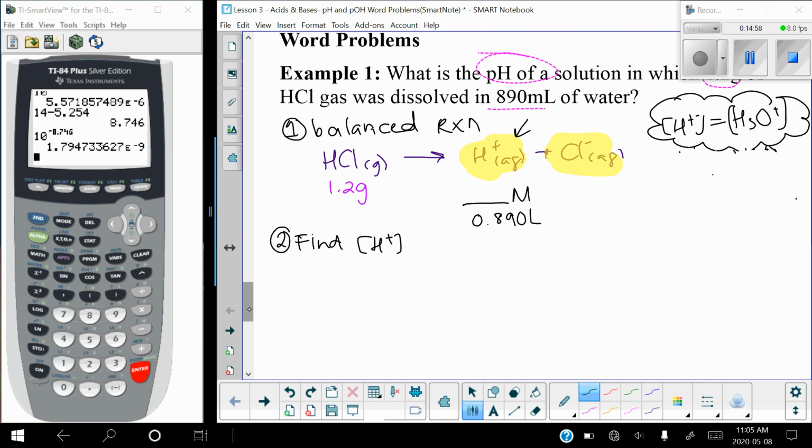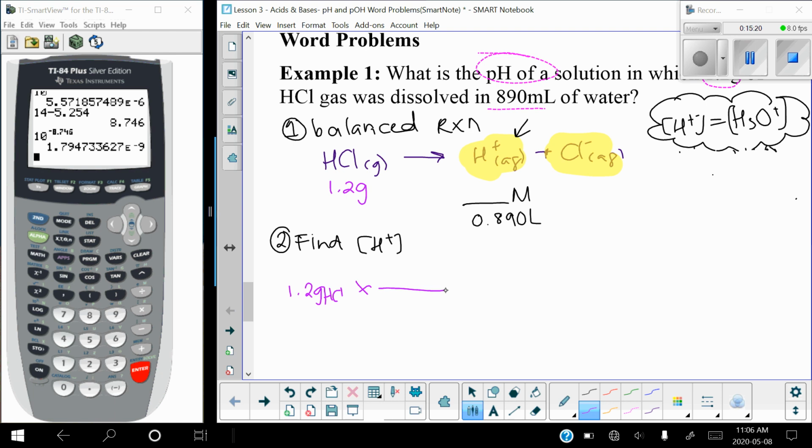So we start with what we know. 1.2 grams of HCl times by. Now, from now on, I always want you to convert into moles before you use your molar ratio.